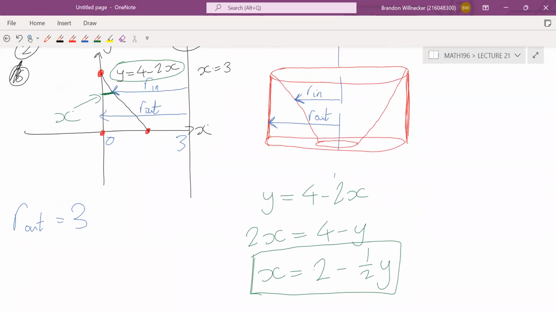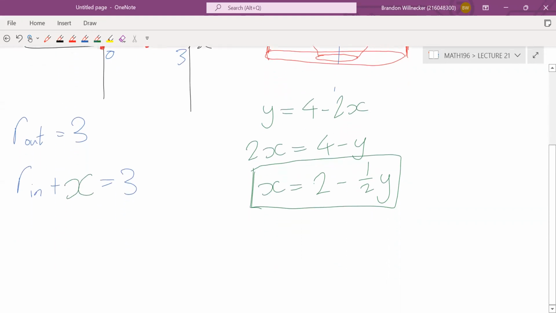So now we know R in plus x is equal to 3. Let me put that in green, then you can see the green distance. So R in plus this green distance x is equal to 3.